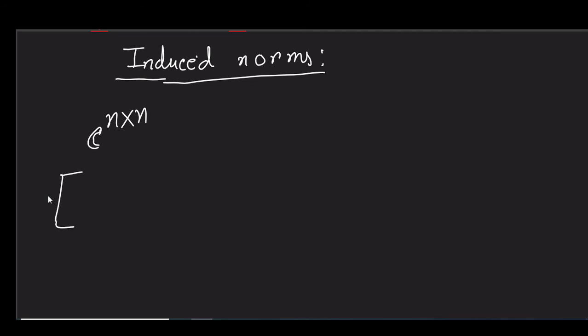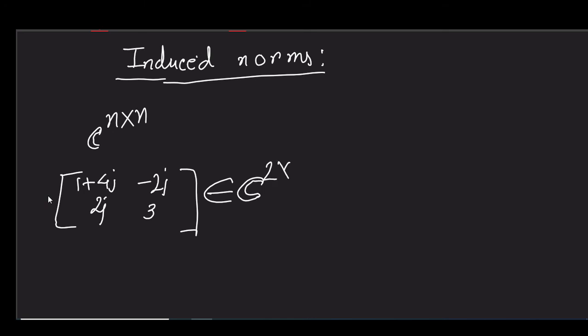For example, one matrix like 1 plus 4j, minus 2j, 2j, 3 belongs to C 2 cross 2. This is the very basic idea.